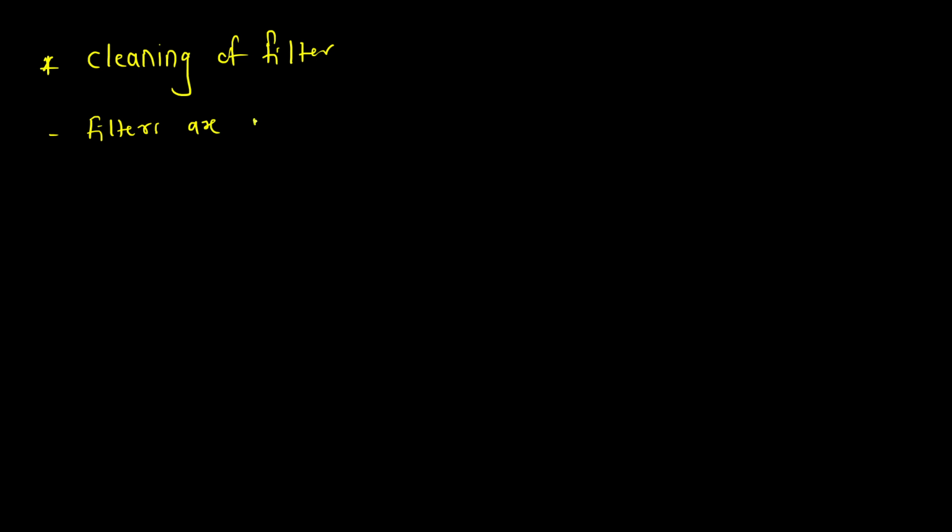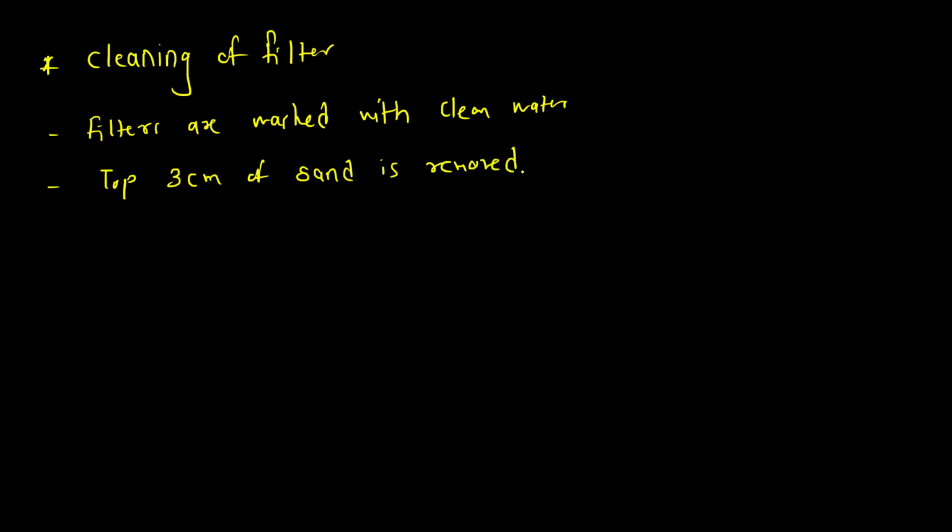How is it cleaned? The top 1.5 to 3 centimeter of the sand, or we can say the top 3 centimeter of sand, is removed, and this process is called, very important, scraping.